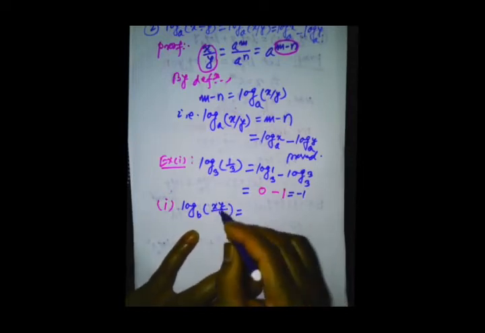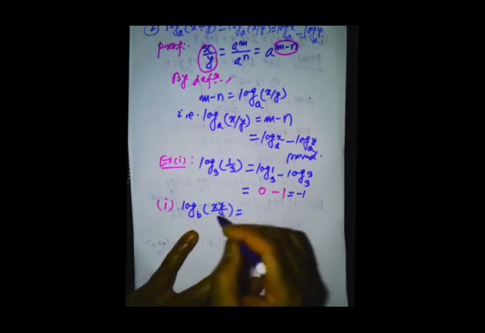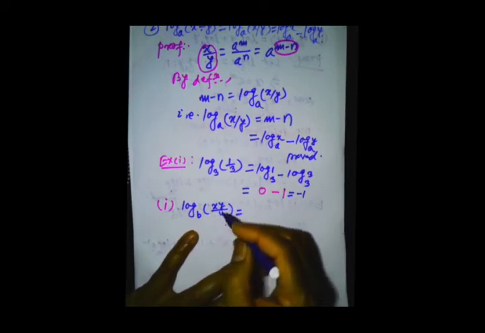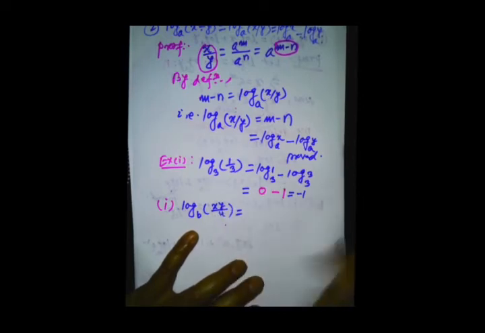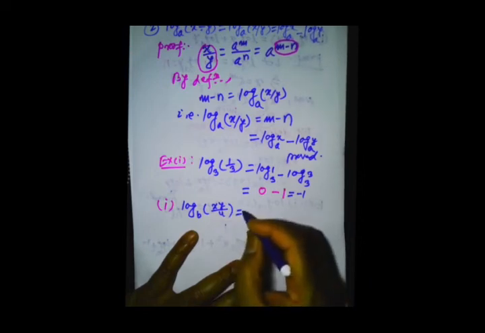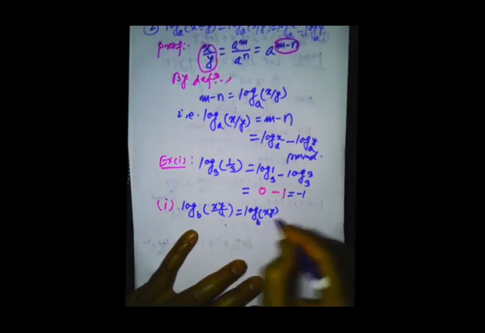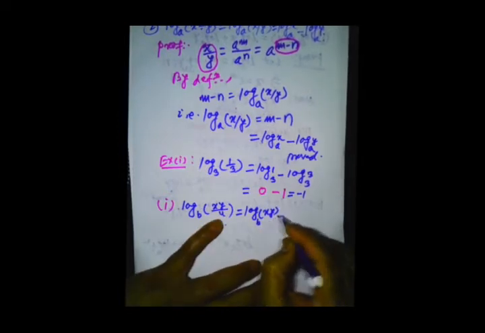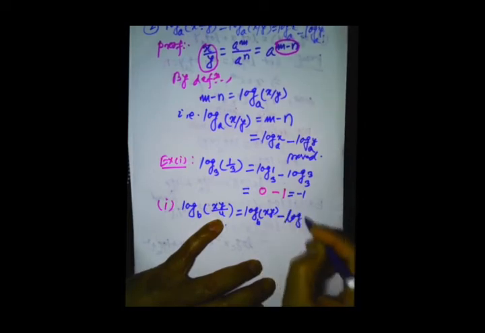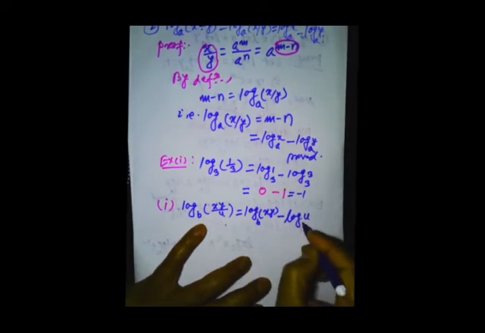First of all, because we are dealing with division here, we use the quotient rule. In the quotient rule, it is log of xy, minus log of u, and the base is again b.